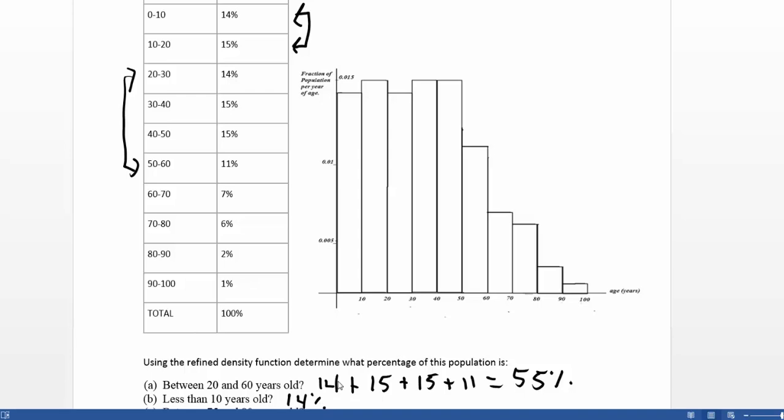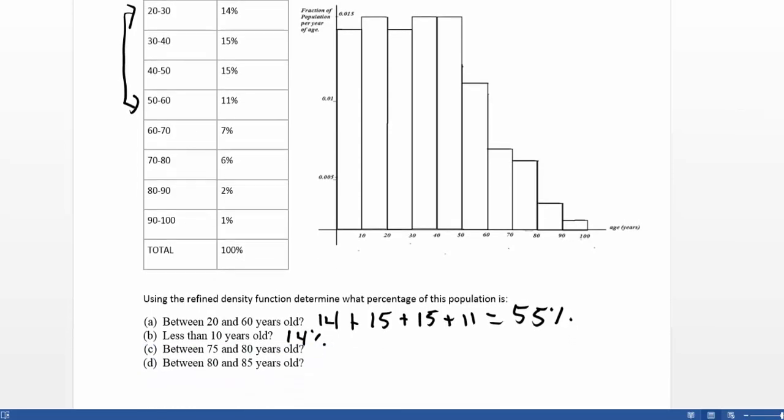Part C, again, wants to know what fraction of the population will be between 75 and 80 years old. So again, what we can do is go to 70 to 80, which includes the interval we're interested in.